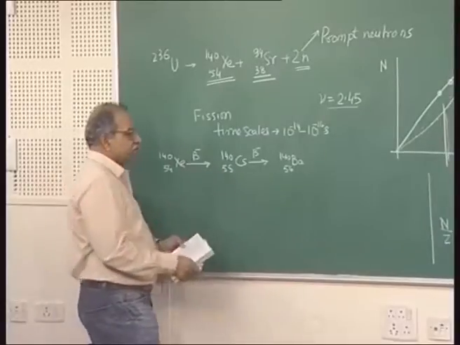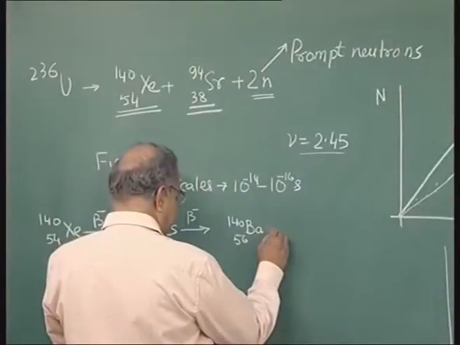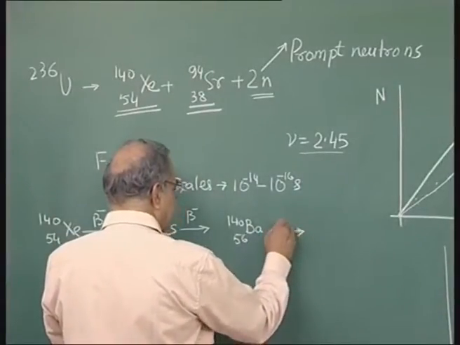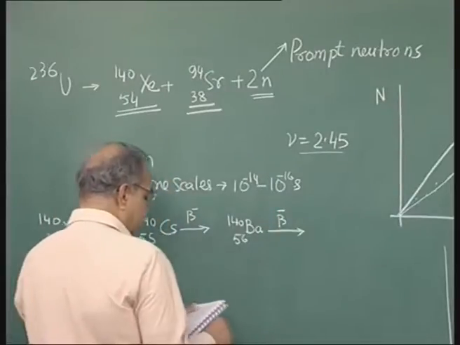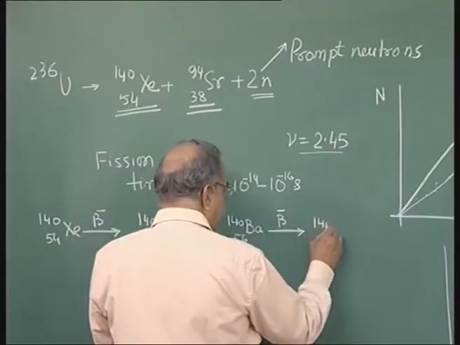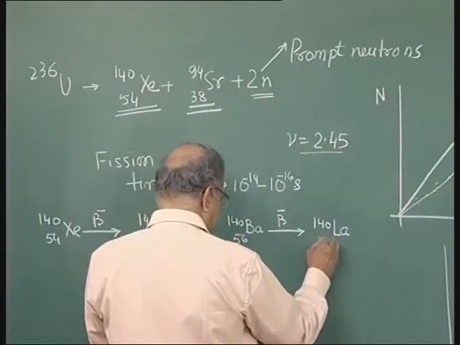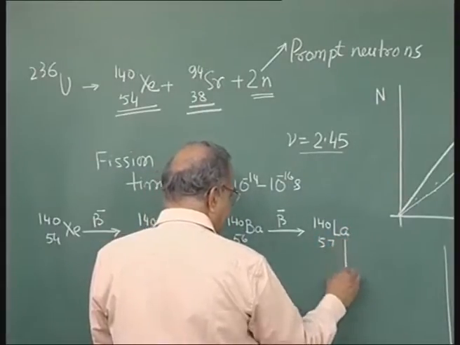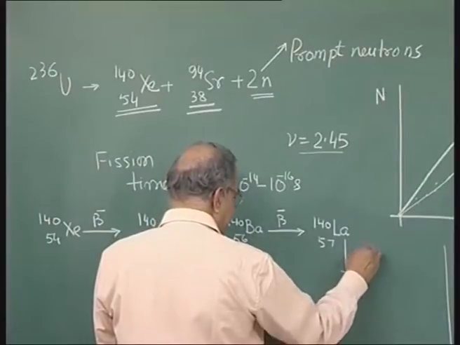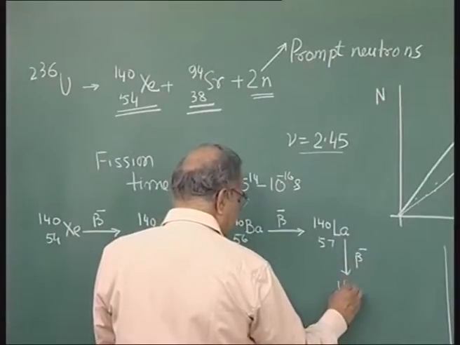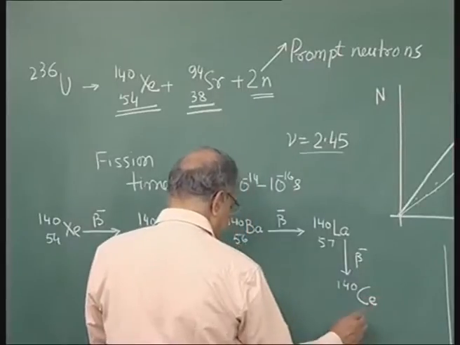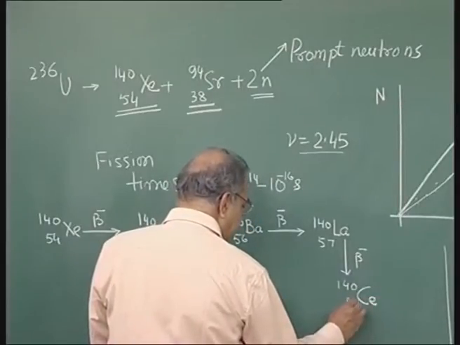Then this is also radioactive. So, it beta decays to 140 La, lanthanum 57, and then finally it decays to 140 Ce, 58. This is stable.